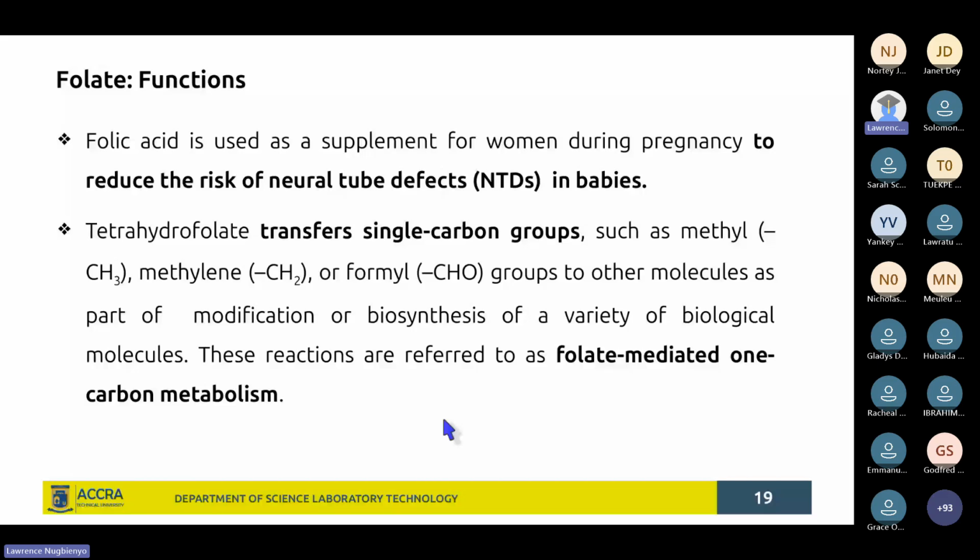I think some of you can quickly remember that usually folic acid is prescribed for women in pregnancy. What's the reason? That's because folic acid is involved in several processes of proliferation or specialization of cells.